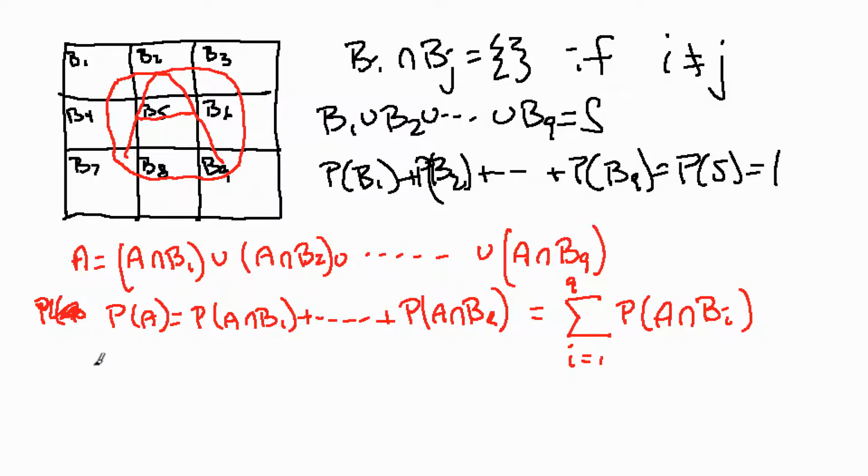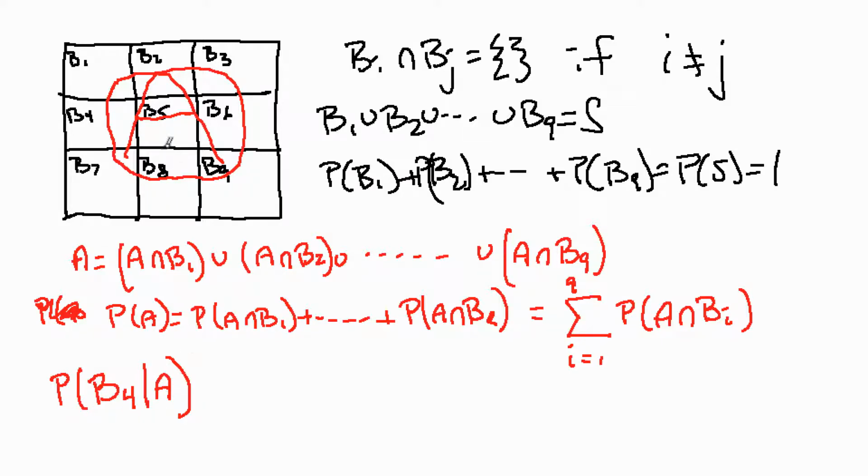So now I want to consider the following. Suppose I wanted to ask the question, what is the probability of B sub 4 given A? Now, we can think about graphically what this thing is. First of all, remember what this is saying. If I'm saying, what's the probability of B4 given A?